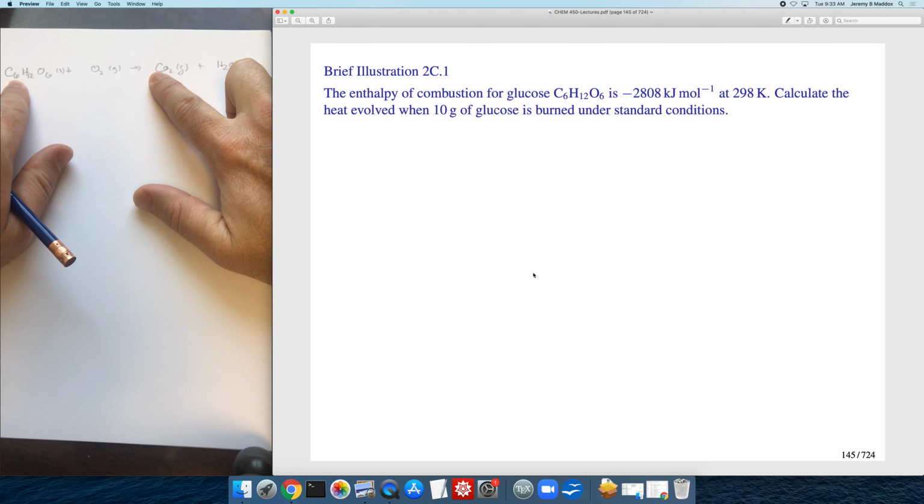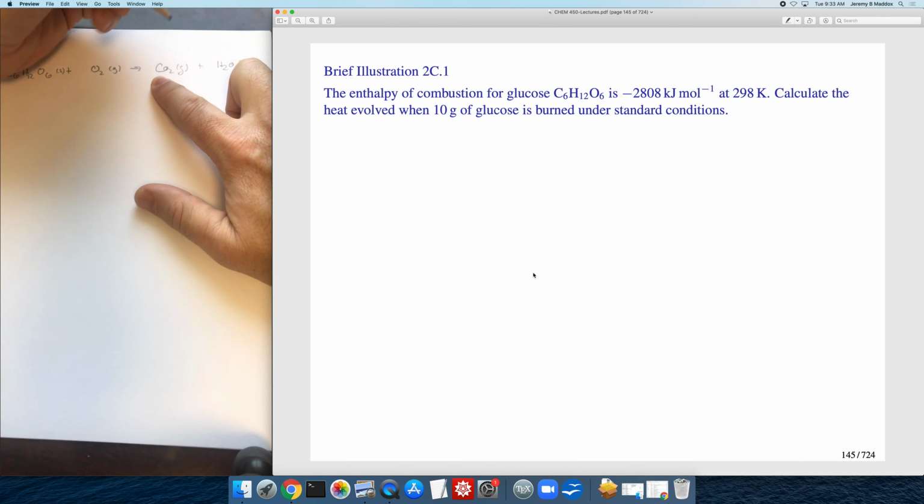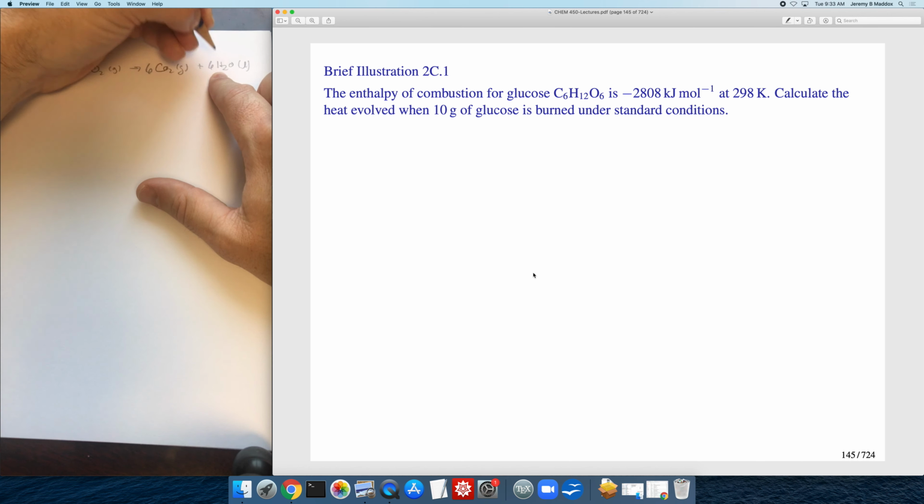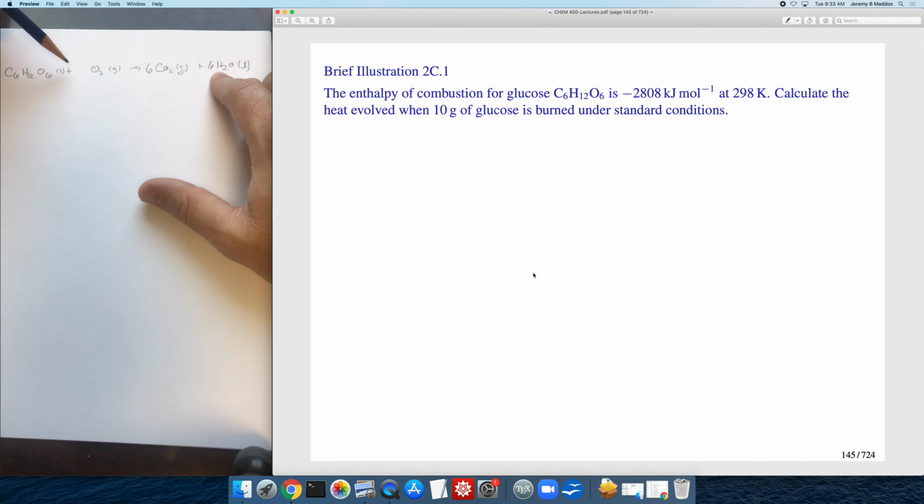Start with carbon. You've got 6 carbons here on the reactant side, so you need 6 on the product side. The next one you want to do is hydrogen. You've got 12, 2 there, so you need 6. And then for the oxygen, here's how you can figure it out. You've got 6 in the compound already, plus 2 times this coefficient that you're trying to find.